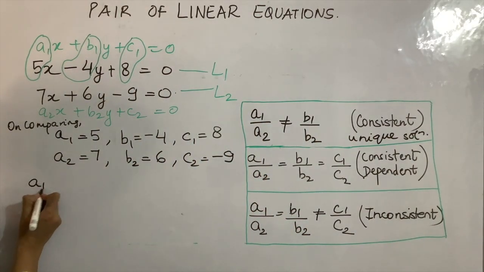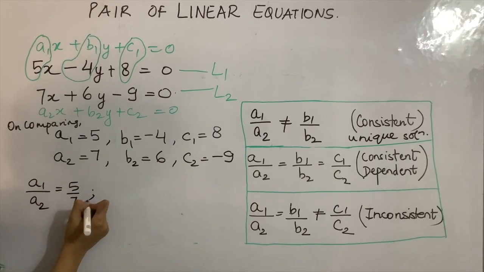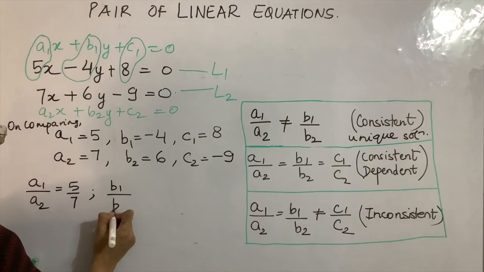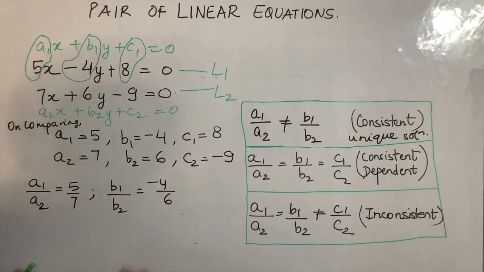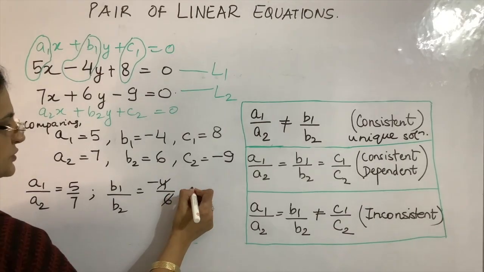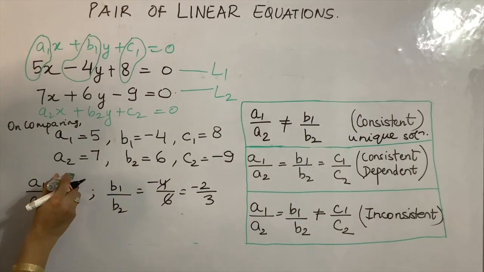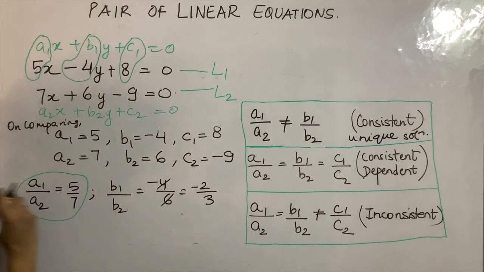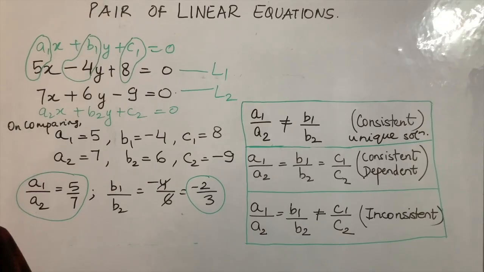Now a1 upon a2 is what? 5 upon 7. b1 upon b2 is minus 4 upon 6. You can simplify this further, so this will come out to be minus 2 upon 3. a1 upon a2 is 5 upon 7 and b1 upon b2 is minus 2 upon 3.